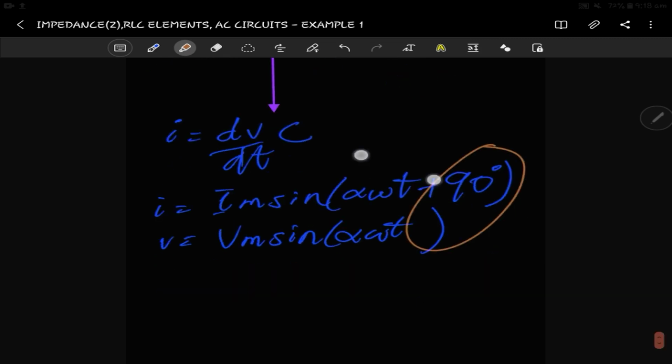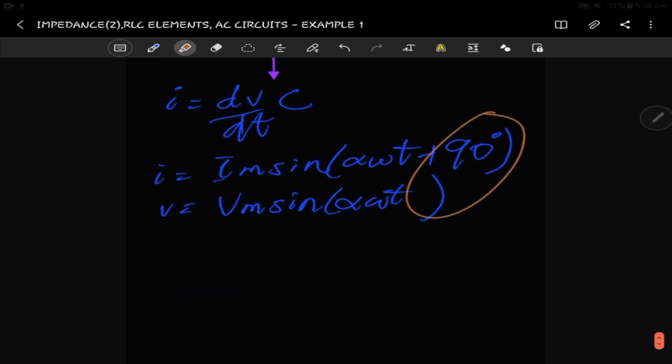But if we choose to go this way, that will mean that if we are finding our current, we have C times the derivative of the voltage. There's the voltage. If we find the derivative, what we have is a V M, and you have a cos, and then we have this.